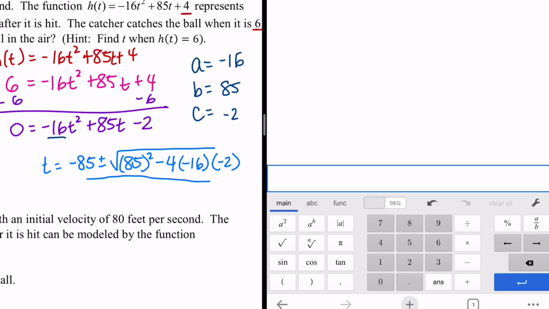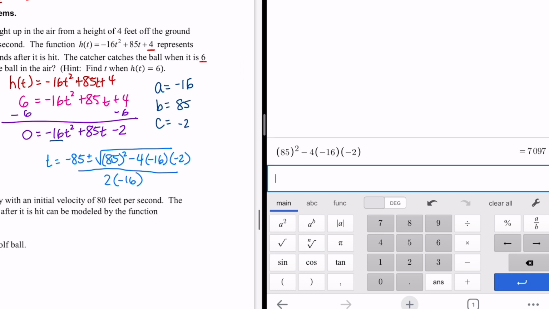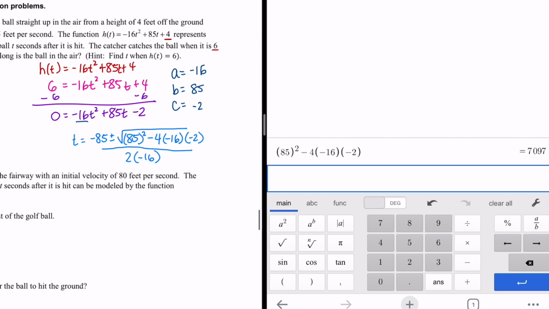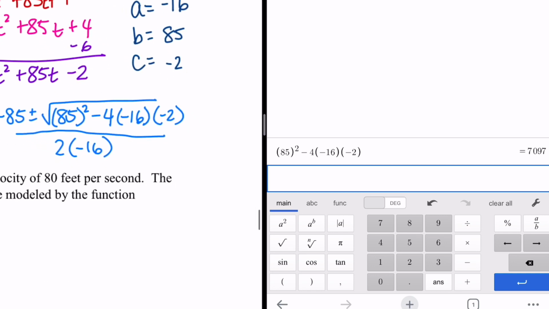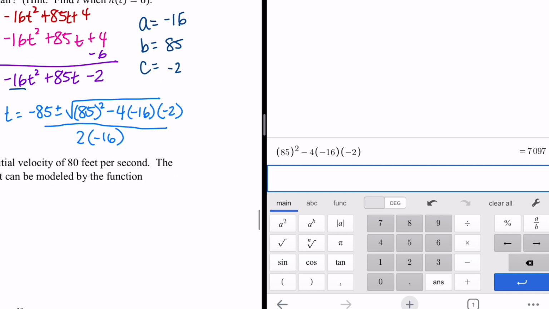This is going to be all over 2 times -16. This gives us 7097. So I'm going to have -85 plus or minus the square root of 7097 all over -32.